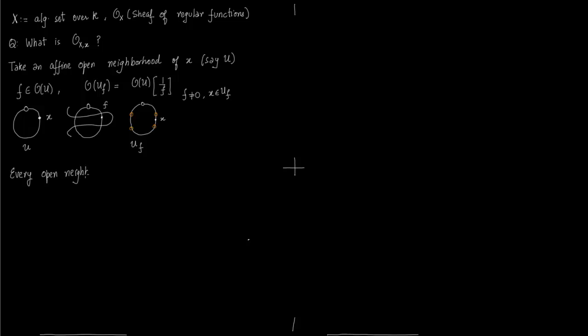So you have this open neighborhood of x in U. Every open neighborhood of x in U contains U_f for some f in O of U. So obviously U_f is a subset of U, as you see in the figure above, with f of x non-zero.